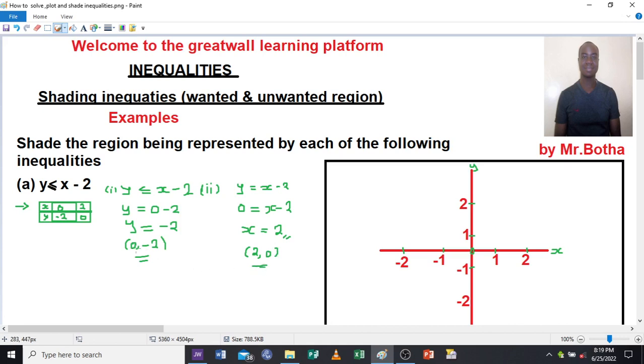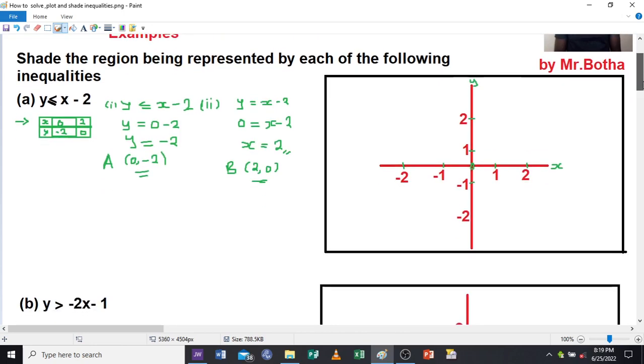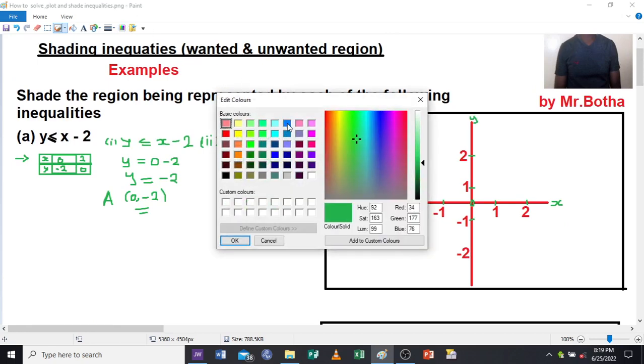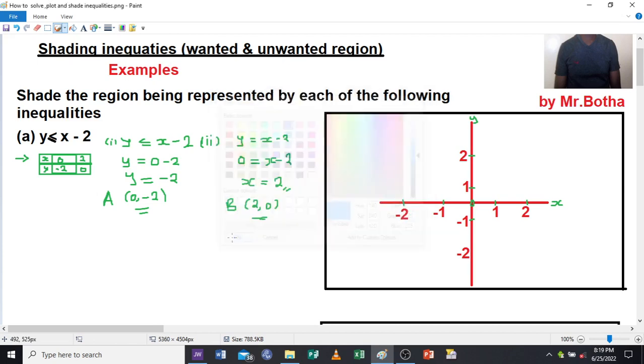We have 0, -2. Maybe this can be our point A, and this can be our point B, which is 2, 0. And so we can plot this on our x-y plane. Let me just change the color here so that we can see. We have 0, -2 as our point A, where x is 0, y is -2.